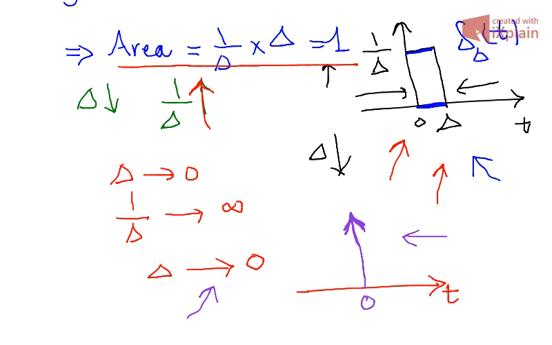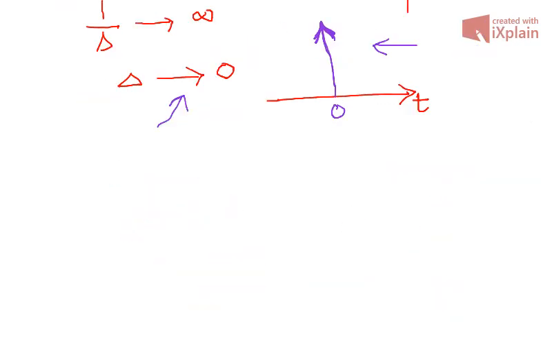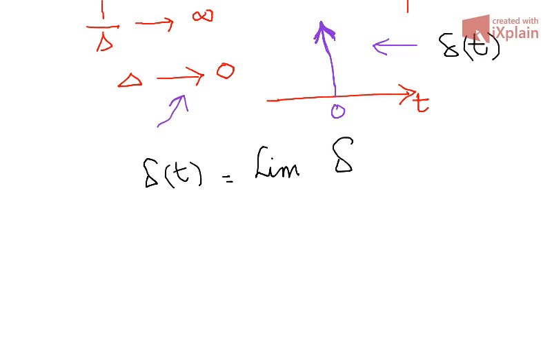If I write the same mathematically, our delta of t is basically the same function, the function with a finite duration, with delta approaching 0.